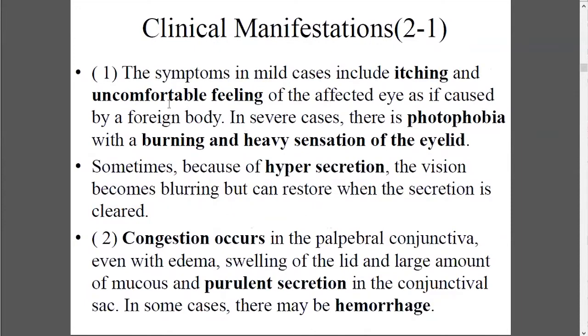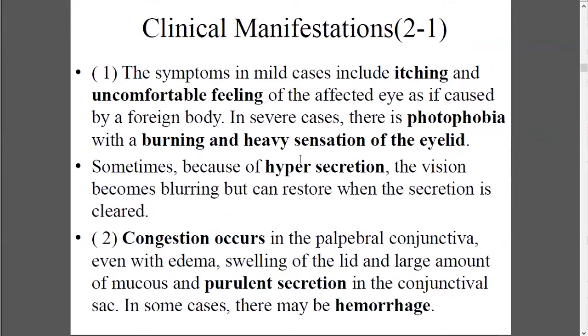So, clinical symptoms. If people get these problems, we know the eyes are the most sensitive. Anything going inside the eyes will cause uncomfortable feelings, especially when a bacterial infection happens there.